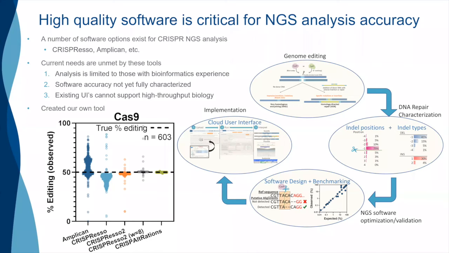And the panel on the bottom left here shows in green where we've taken 600 synthetically generated data set sites where we know what the total editing is and compared what was actually coming out of these various tools, and just the high level of editing accuracy that we're getting now with the improvements that we've made to this bioinformatics tool.